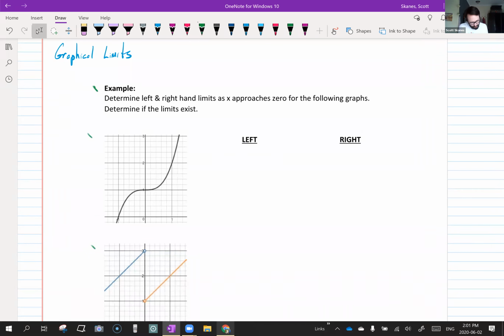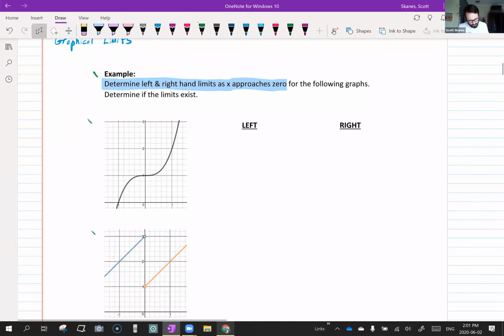Determine the left and right-hand limits as x approaches 0 for the following graphs. All right, let's do 4 examples. For this graph, this is x equals 0. So we're looking at what happens as we go to that y value from the left and from the right.